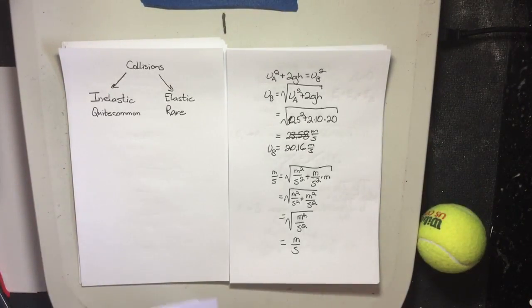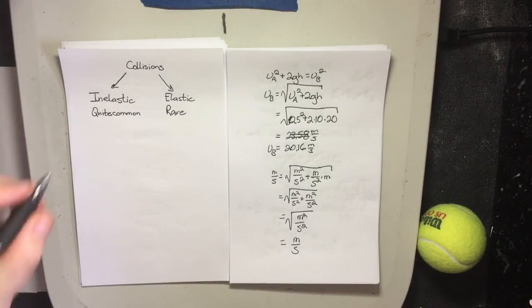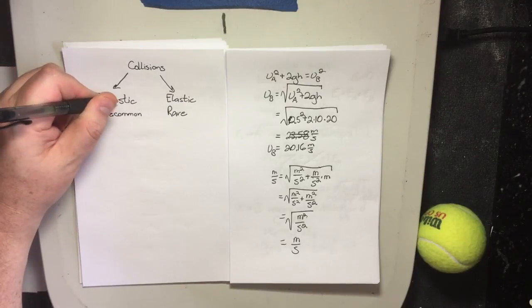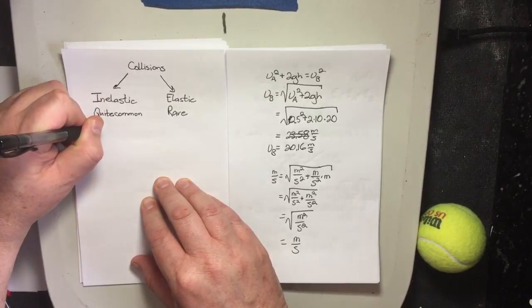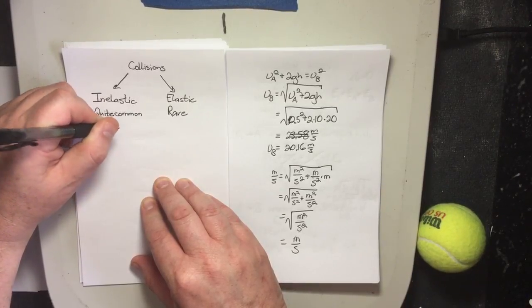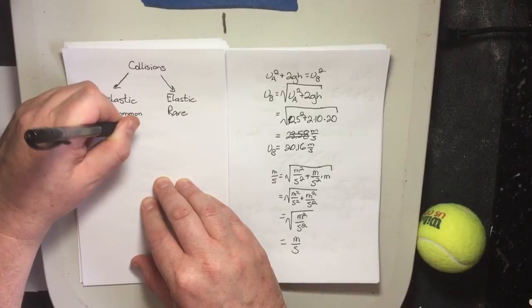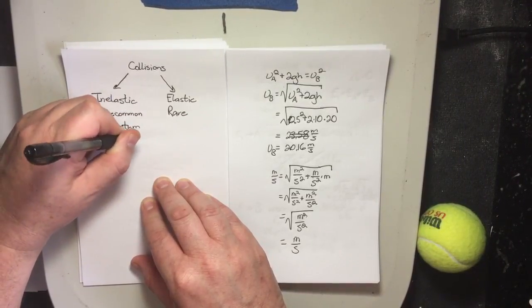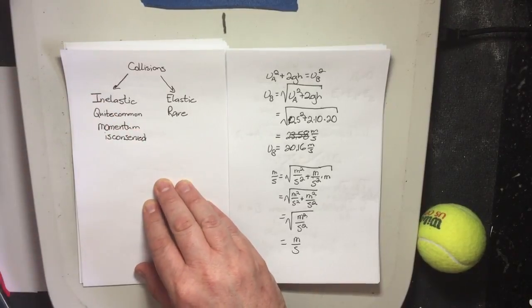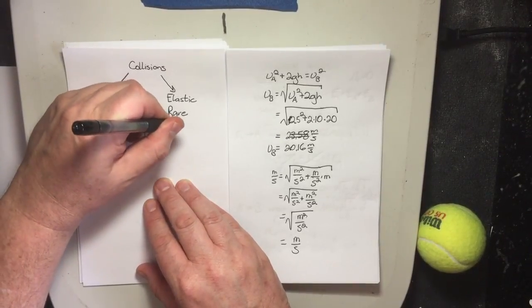To double check problem 6. All right, everything is inelastic. Good. In inelastic collisions, momentum is conserved. In elastic collisions, momentum is conserved.